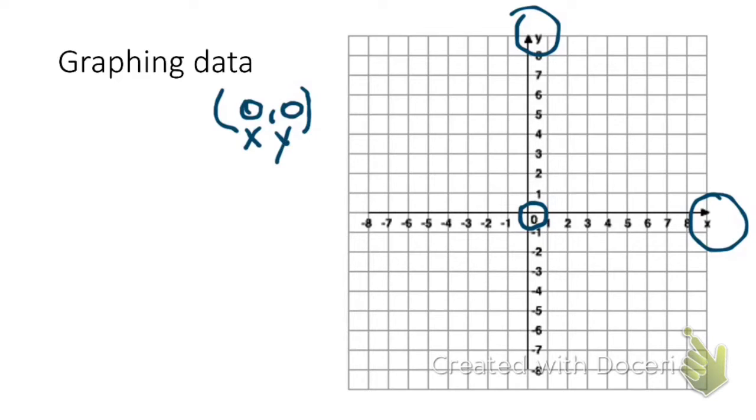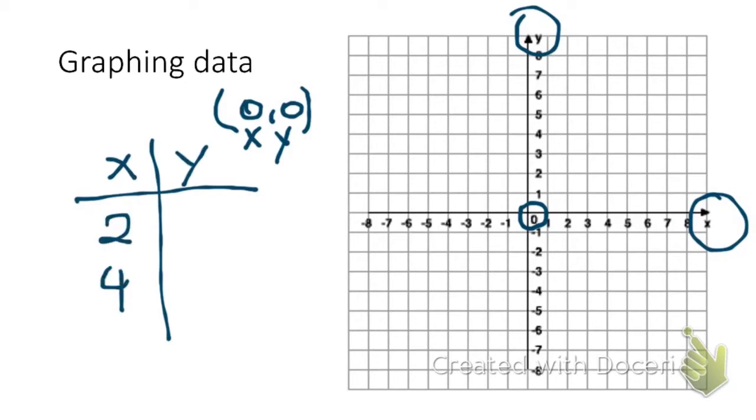Now let's assume you have some data, x and y, and your x values would be 2, 4, and 6, and your y values would be 3, 6, and 9. If you wanted to put these into this graph, you would go for your x 2 over, and then for your y 3 up, and so your point would be right here.